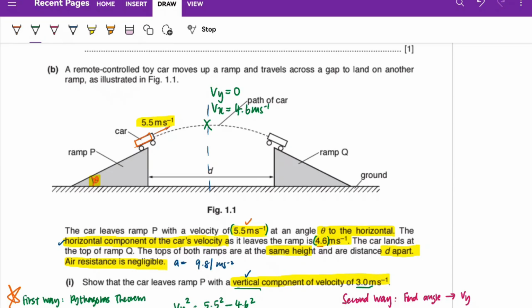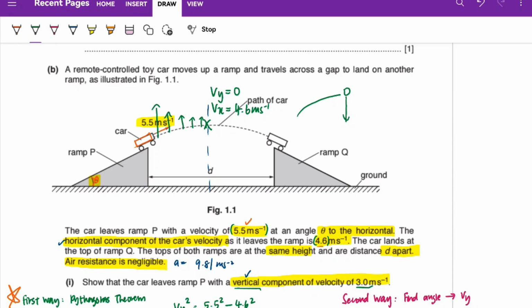Because as you go up, so throw the ball up, for example, there's gravity acting downwards, right? So that is why the velocity in the vertical component is actually changing throughout. So at first, the velocity will be 5.5, then probably reduce to 5.3, slowly decrease until it hits 0.